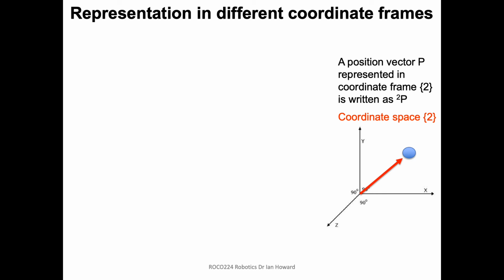Here's a very simple example where I'm just going to show you 3 different frames again to make the point one more time. Imagine we've got a point in space. The point stays where it is. It's not changing. But it could be represented, let's say, in frame 2, right? There's one particular representation, and we'll get certain values for x and y in this case because it's only 2-dimensional.